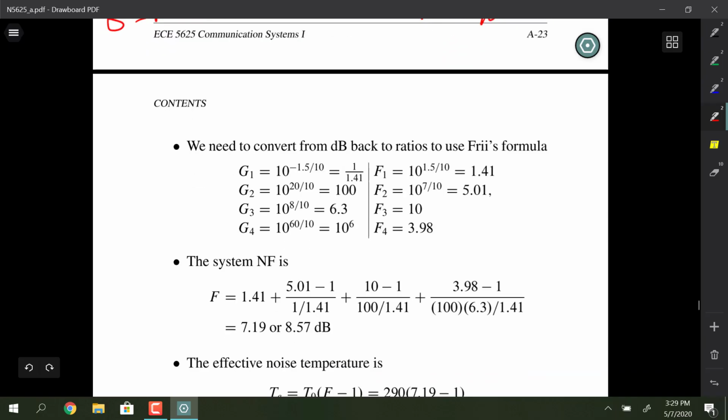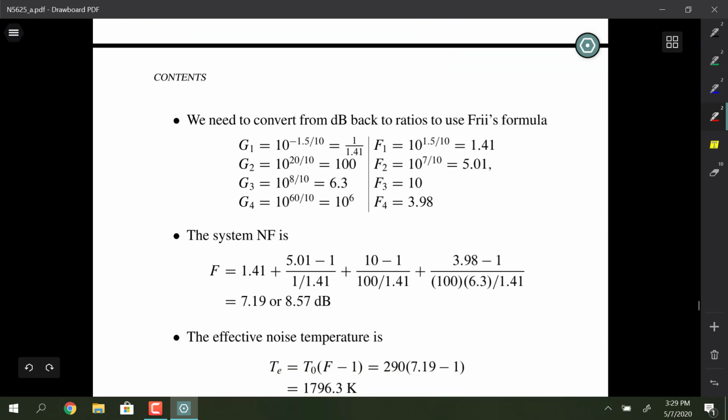So the first thing I've done here in the notes is I've just done these conversions to make sure everything is now a ratio. And because the very first gain block was the attenuator, that's why we see the minus 1.5 in here. The gain of the attenuator is minus 1.5 dB, and that comes out to be 1 over 1.41.